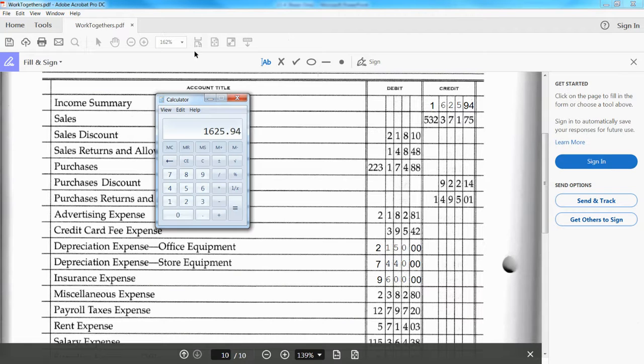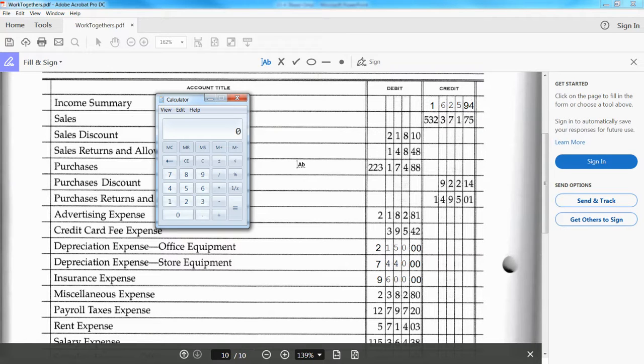All right, so I discovered I made a mistake when I copied things over for income summary. That should have been in the credit column. I did have it in the debit column.